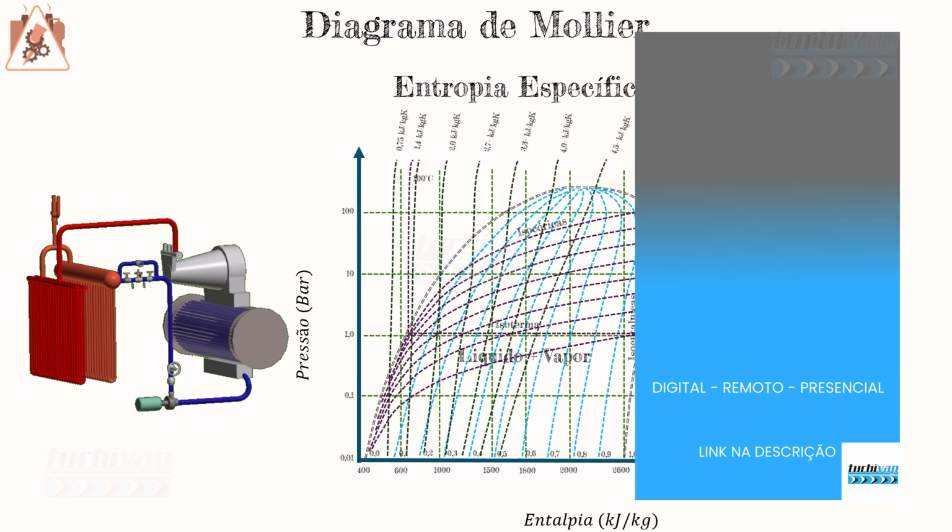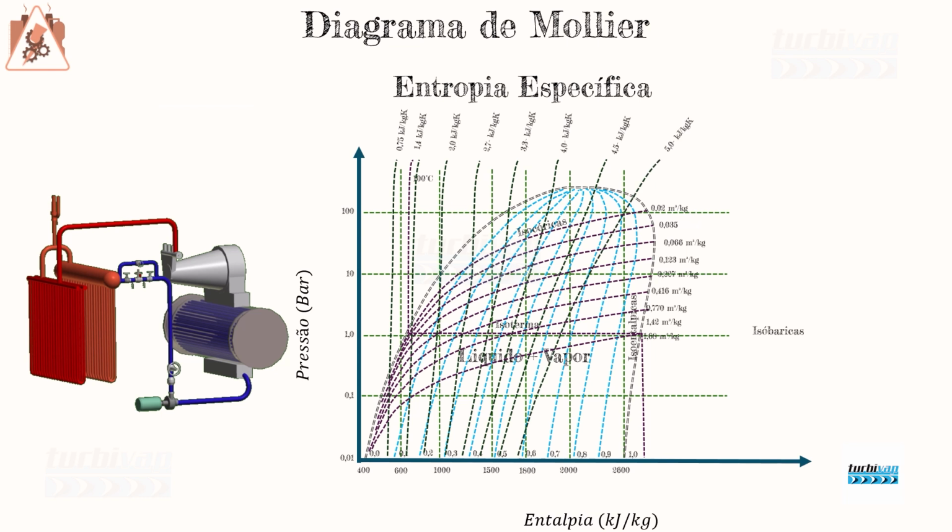Let's take steam here like this, at this pressure, and it will contain this entropy here. If I were to produce work, I would have this amount of enthalpy, and I'm in this condition. From this region to here, this is superheated steam.